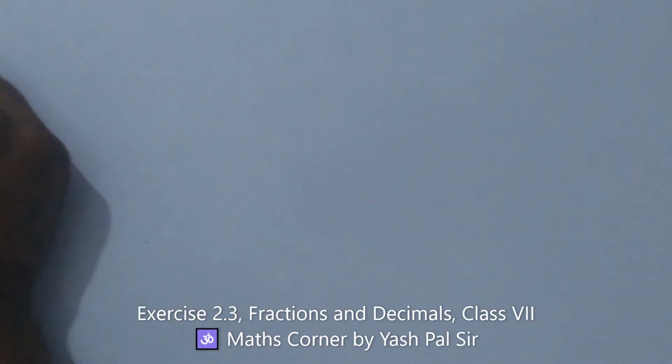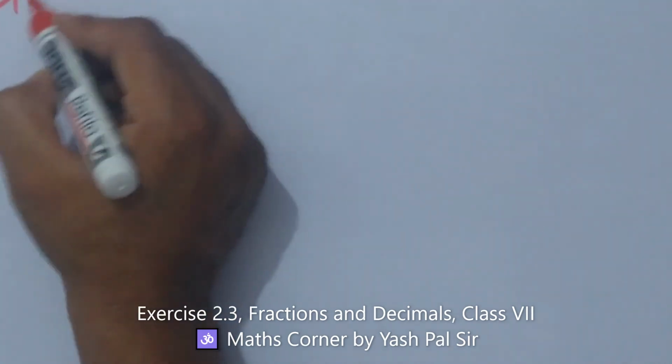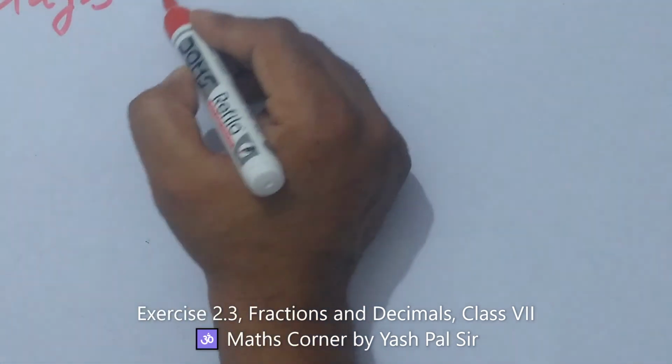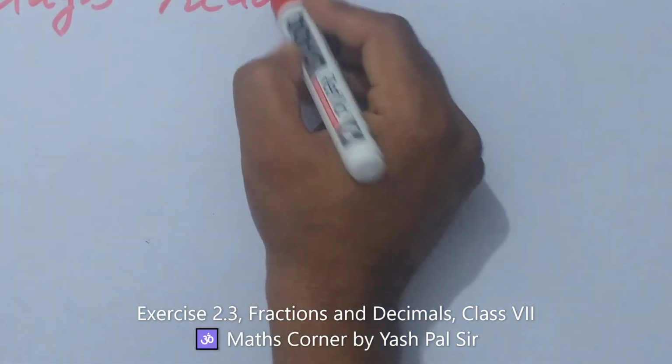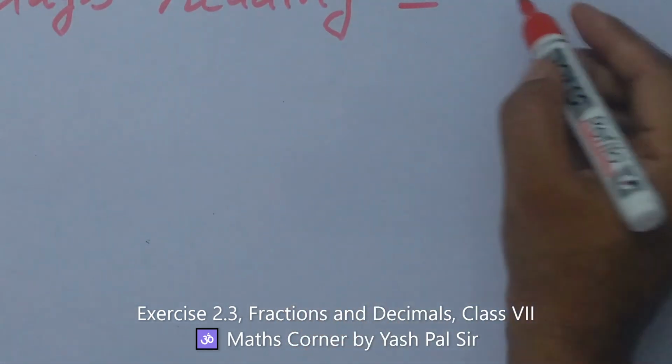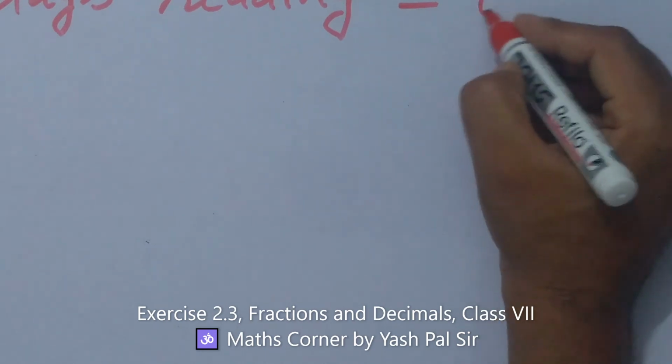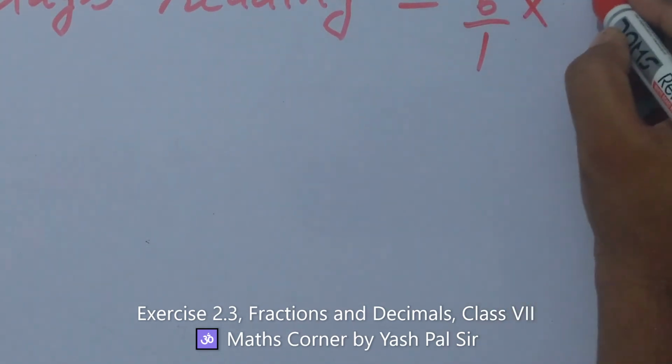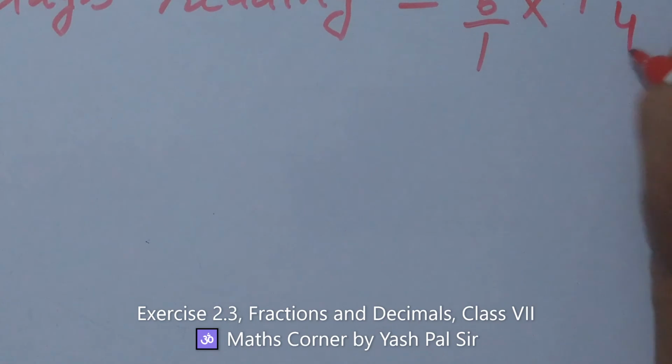So 6 days reading, we multiply this by 6. 6 by 1 into 1 and 3 by 4.